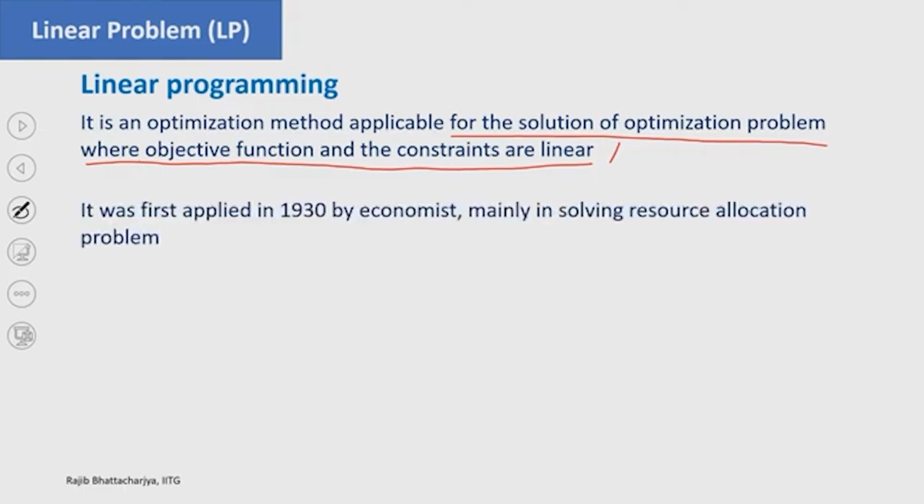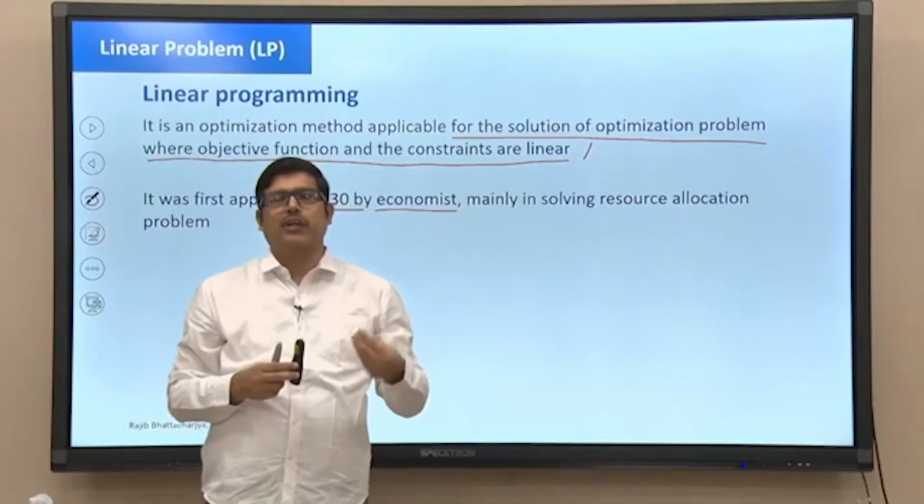It was first applied in the 1930s by economists, mainly for solving resource allocation problems. Suppose you have limited resources and you want to allocate them optimally. In that case this linear programming method can be applied, and people have used it basically for resource allocation.